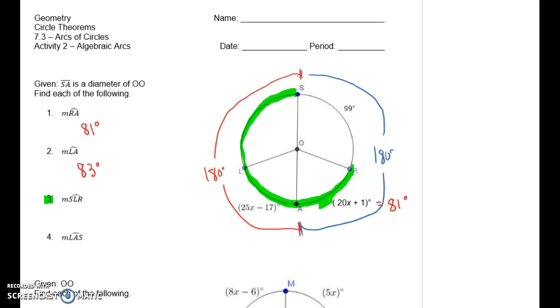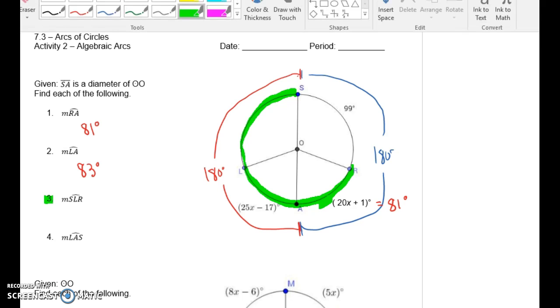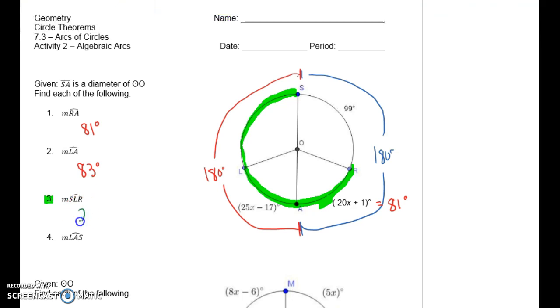Either way, we should end up with 261 degrees. That is a major arc for sure. We will never name a major arc using only 2 letters, so 3 letters could be a tip-off that you are using a major arc.